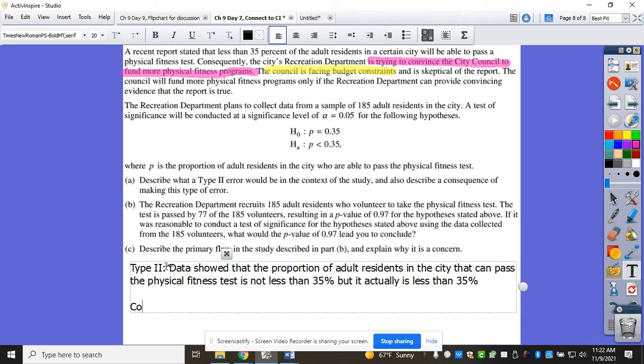But what would the consequence be here? Recreation department does not what?